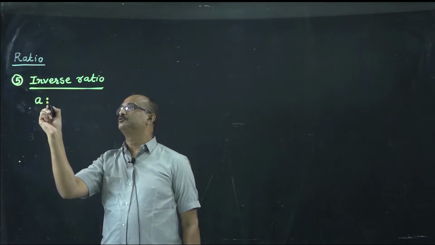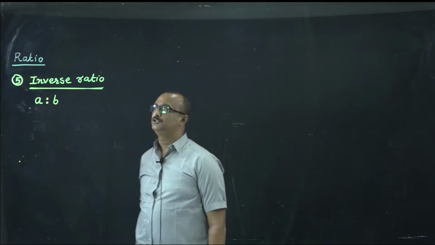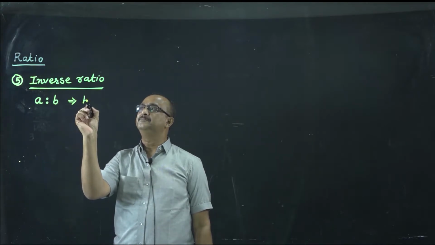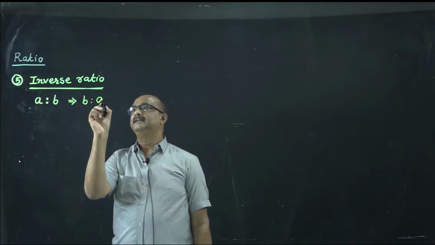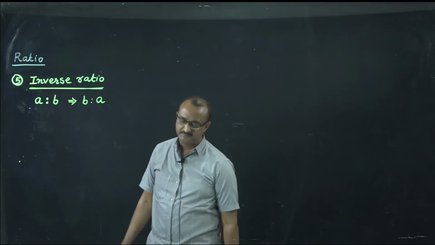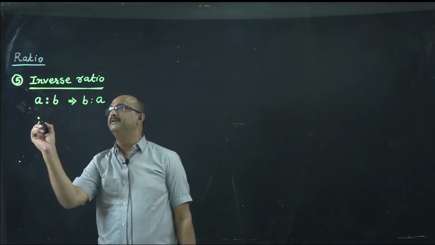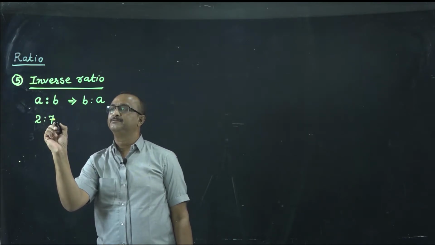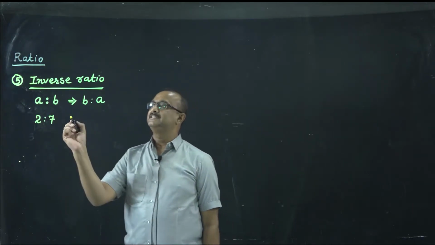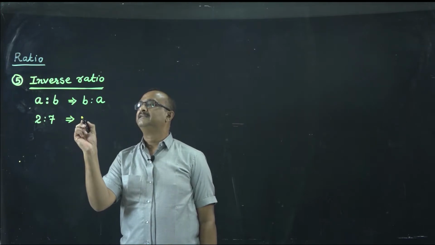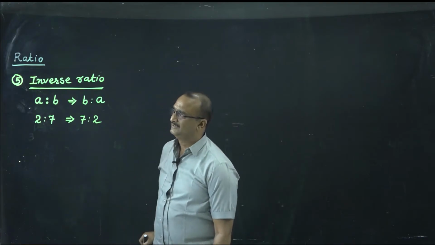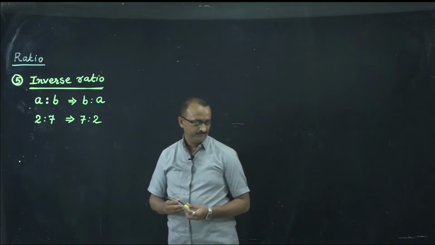If A is to B are in the ratio, the inverse ratio of A is to B is B is to A. In other words, we can say it is the reciprocal of A to B. For example, 2 is to 7 are in the ratio. What is the inverse ratio of 2 is to 7? It is 7 is to 2. So, it is a very easy topic, inverse ratio.